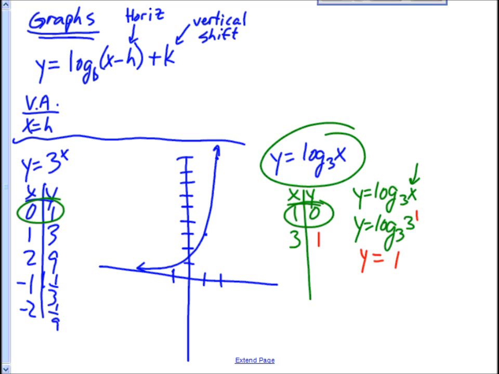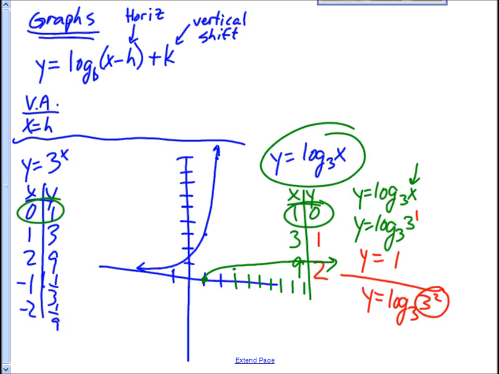Now let's pick x to be 9, 3 squared. Log base 3 of 3 squared is 2. So let's put those points on this graph. I got 1, 0. I got 3, 1. I got 9, 2. So far you kind of see that shape.